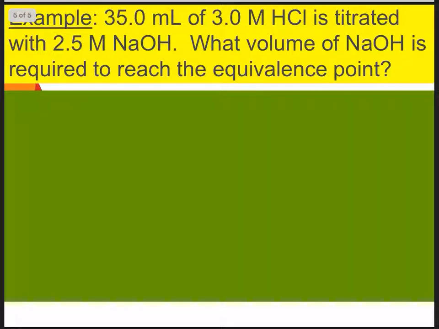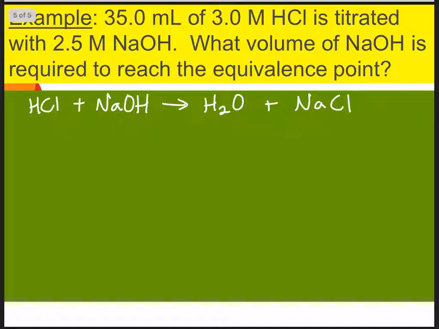So this time we're given the concentration of our unknown. We want to find what the volume would be. So let's go through that. First, we need to write out our equation. HCl plus NaOH will yield water and sodium chloride. And that is all balanced out.